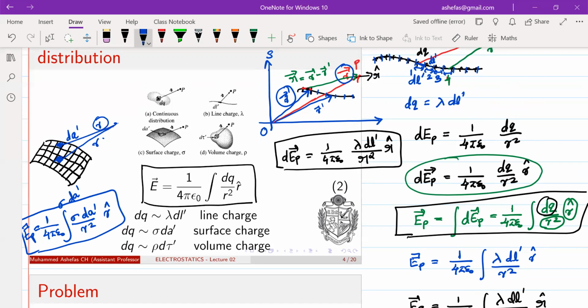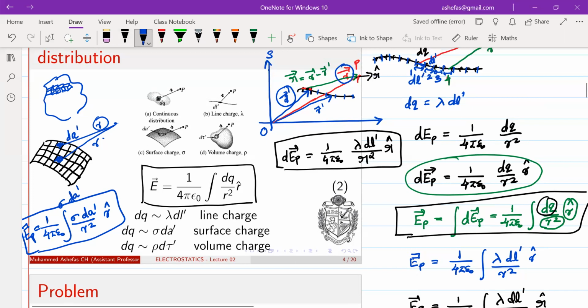Again, if you have some volume charge distribution, any volume charge distribution can be treated as a collection of a very large number of infinitesimal cubes.